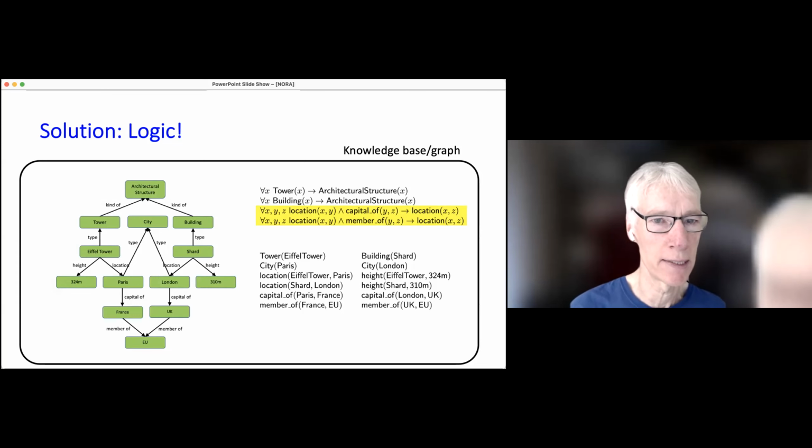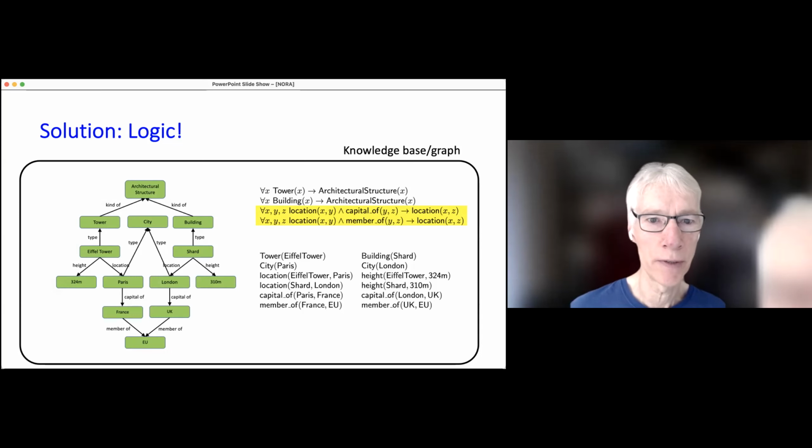But the point is that we can use more powerful logical sentences to capture these additional constraints. So here I have two more sentences that explicate the semantics of these relationships between location, capital of, and member of that we intuitively imagined when we were thinking about answering our query about architectural structures located in the EU.